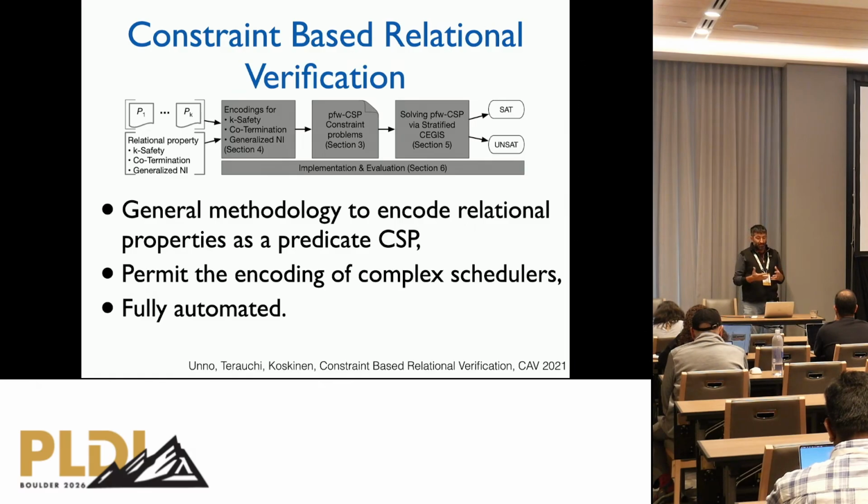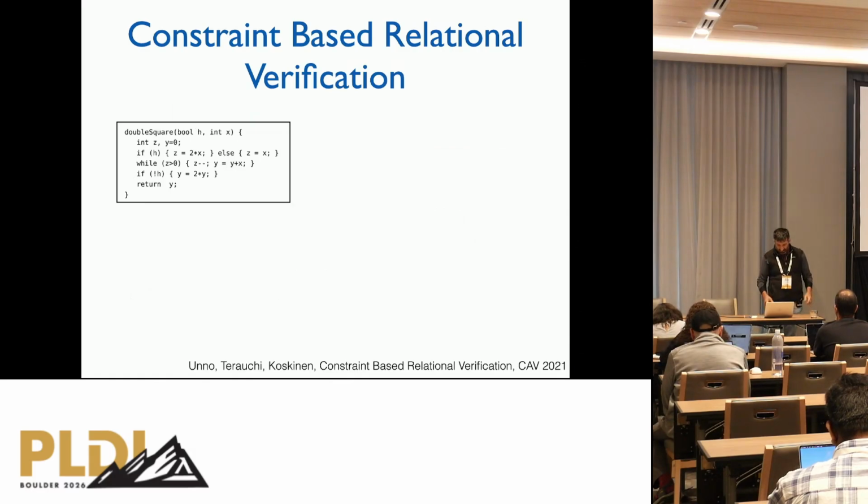And this permits full automation, and to encode complex properties. When we talk about relational verification, one of the challenges is when programs start to do diverging things, like one program does something and the other program does something completely different. So we usually need to reason about scheduling of different instructions, and this method allows to consider quite complex schedules.